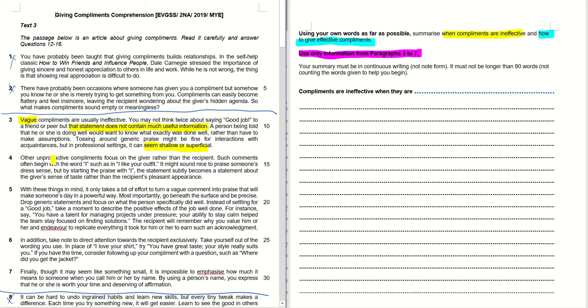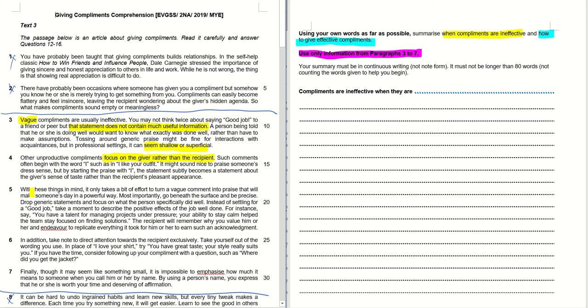It is a synonym for ineffective. So focusing on the giver rather than the recipient is one relevant point. Such comments begin with the word I, such as I like your outfit. That's an example. It might sound nice to praise somebody's dress sense, but starting with I, the statement subtly becomes a statement about the giver's sense of style rather than the recipient's pleasant appearance. Not answering the question either.